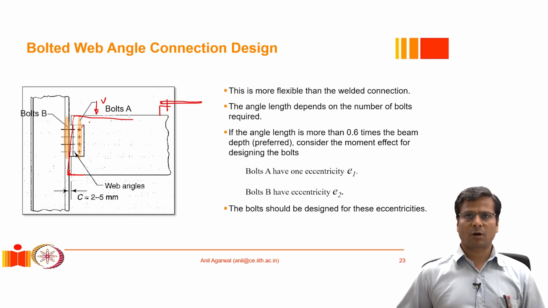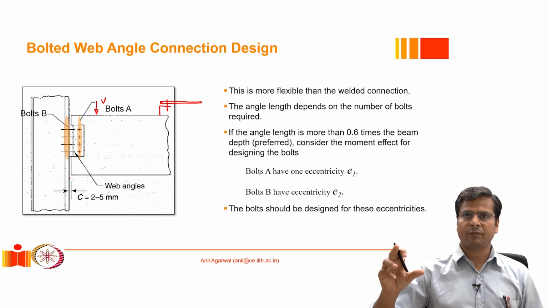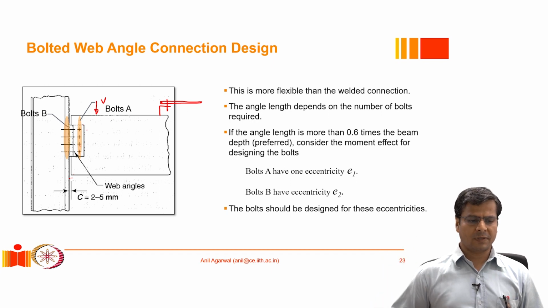Then it will start offering a lot of resistance, and these bolts will be subjected to a very large tension force demand, which is not really the purpose of these bolts. So we have to keep some gap here so that it can rotate freely without producing a lever arm, and the lever arm remains very small.